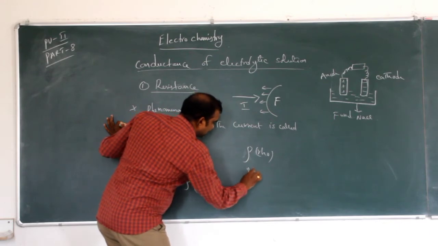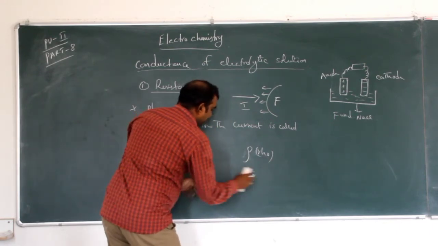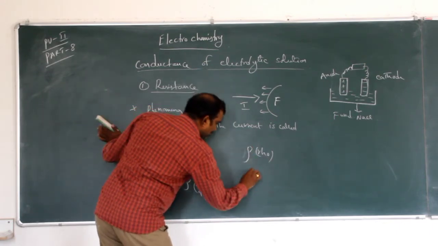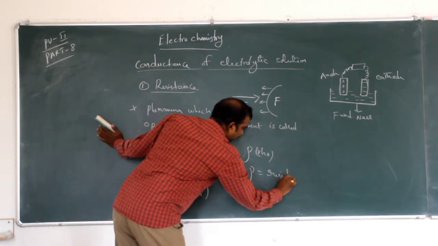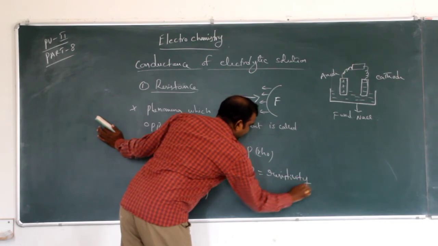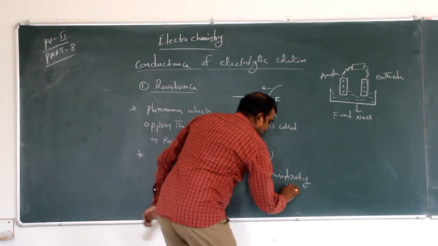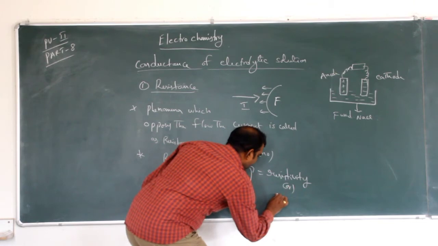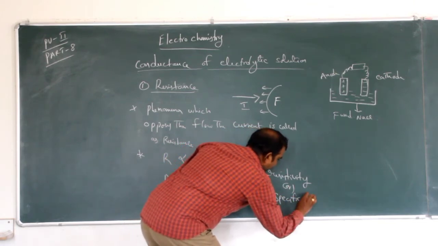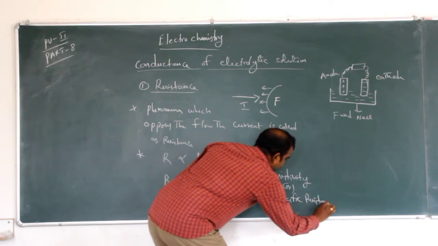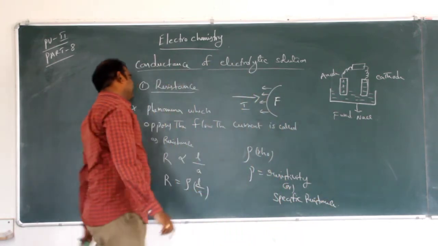And this is resistivity. This term is indicated as rho, and this name is resistivity, or we can say specific resistance. This is called specific resistance.